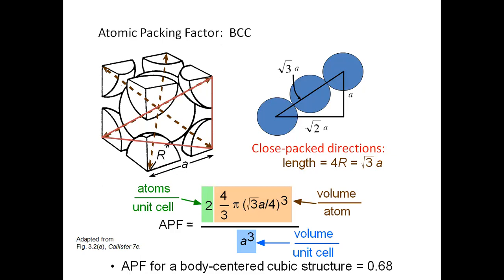So that also will help us know, as we go on, that particular property of metals, the packing of atoms in a metal. It will help us know which metals easily diffuse and which ones don't easily diffuse.